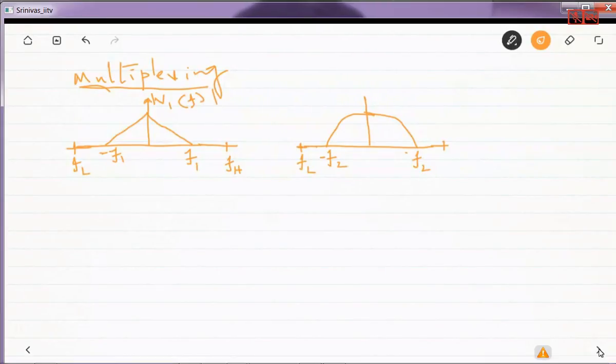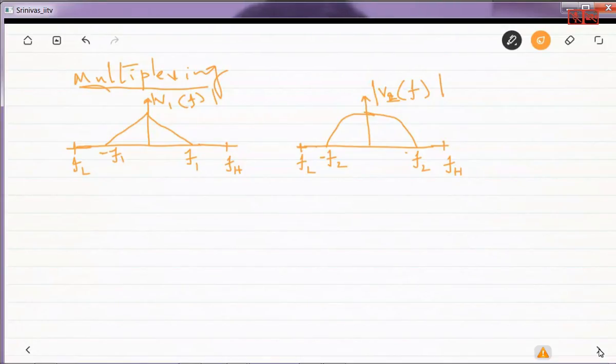So in the same range FL to FH, we want to transmit one signal having its spectrum like this, and another signal having its spectrum like this. We call it V2 of F, the magnitude of the frequency spectrum of the second signal.